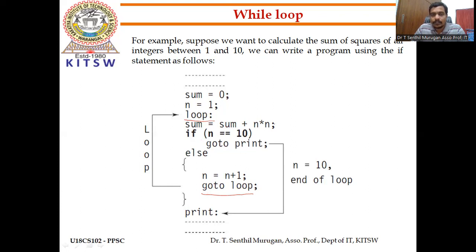The statements from this point to this point come under the loop. The remaining statements come under printf. So which statements we want to execute, we decide using the goto statement.